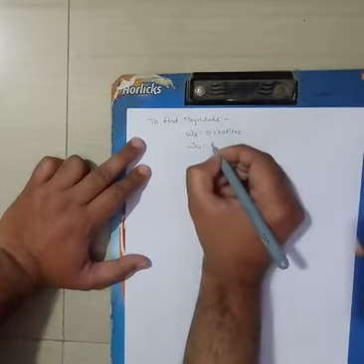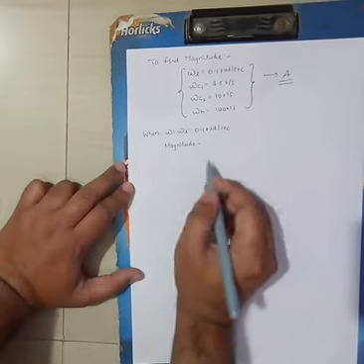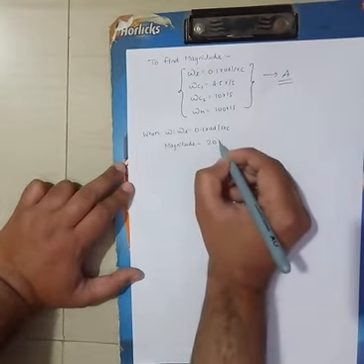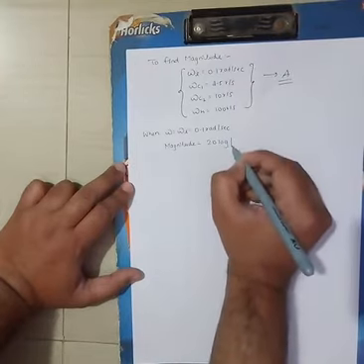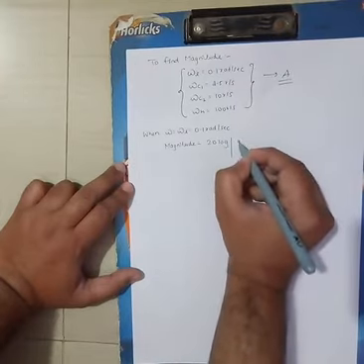So for the first frequency, when omega is equal to omega L, which is equal to 0.1 radians per second, the magnitude will be equal to 20 log of the modulus of the first term. The first term is 10 divided by j omega. So the modulus of 10 divided by j omega will yield us 20 log of 10 divided by omega.